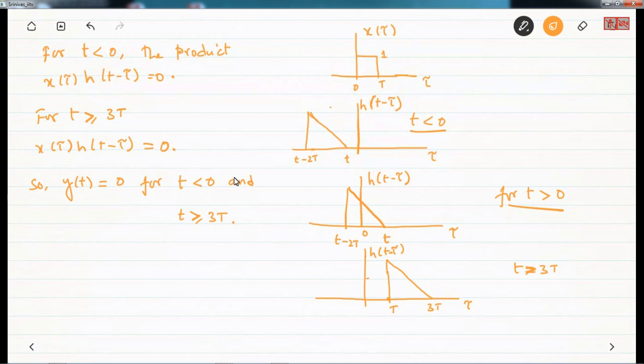So y of t is non-zero only between 0 to 3t.